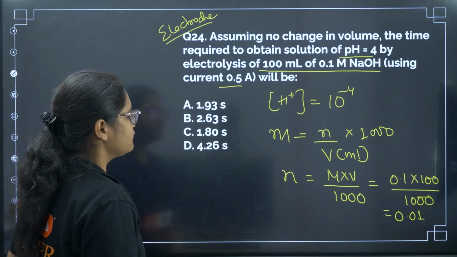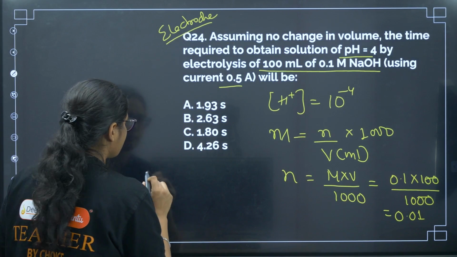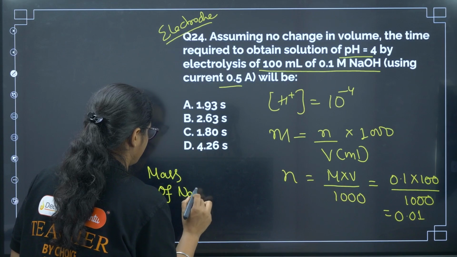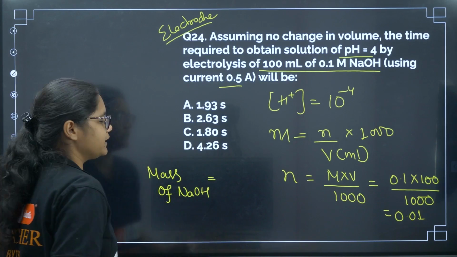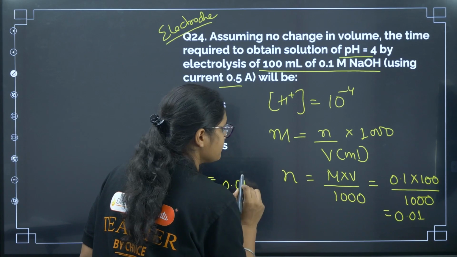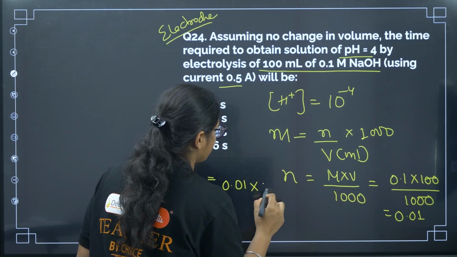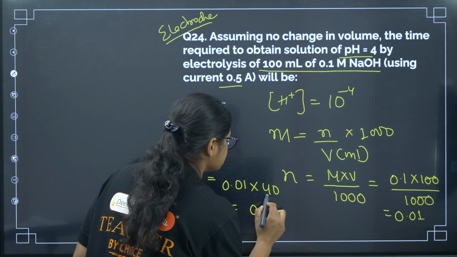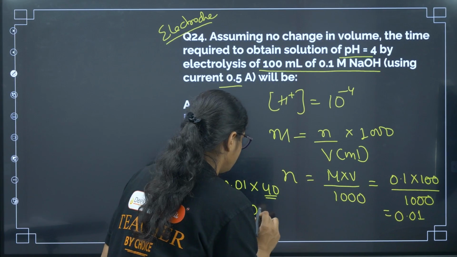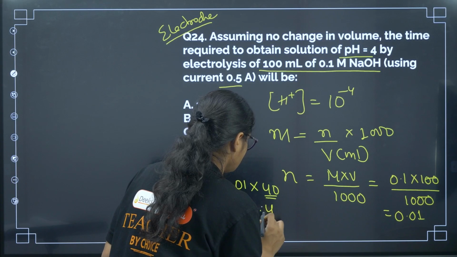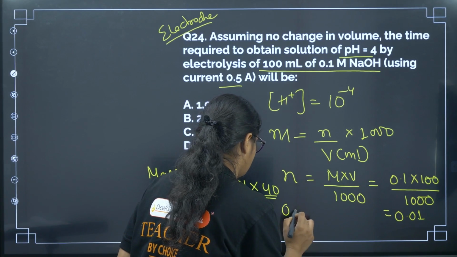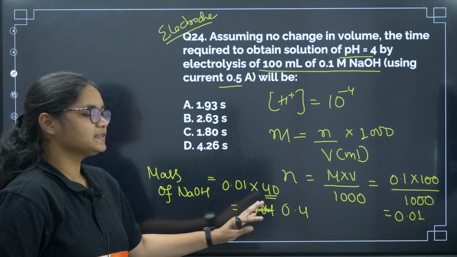Now we calculate the mass of NaOH, because we need to convert it into mass. So we'll get 0.01 into 40, where 40 is the molar mass of NaOH, so we'll get 0.4. Now this is the mass deposited.